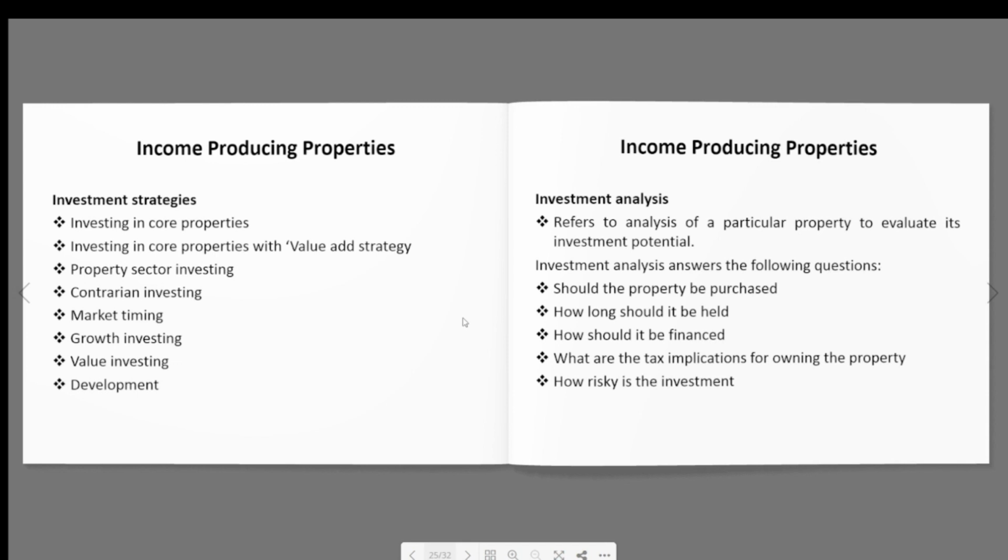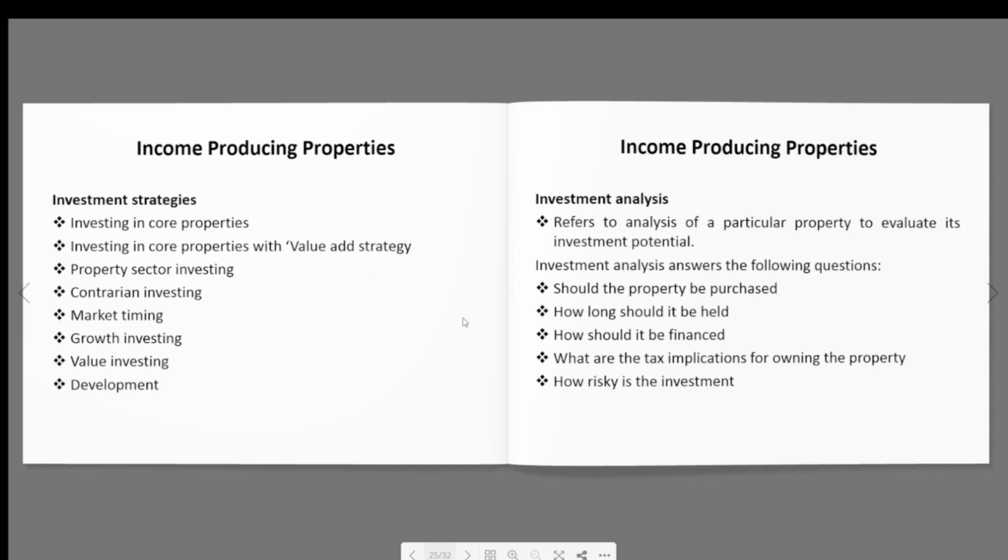Investment analysis refers to analysis of a particular property to evaluate its investment potential. Investment analysis answers the following questions: Should the property be purchased? How long should it be held? How should it be financed? What are the tax implications of owning the property?